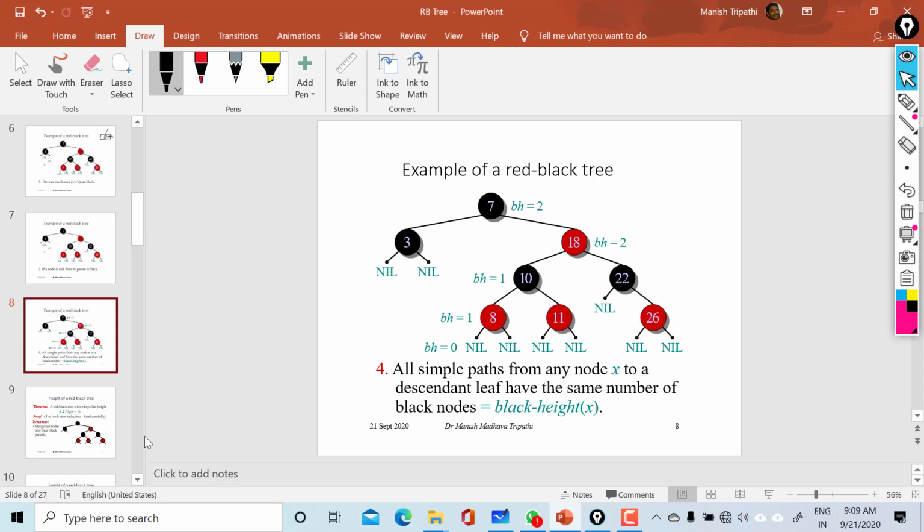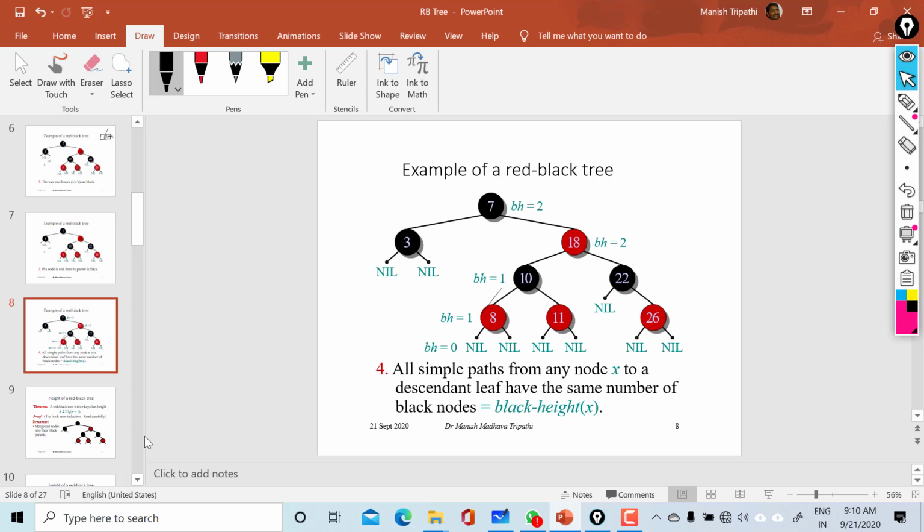The next property is that black height is always constant. If we consider the left branch, the black height, that is the number of black nodes, is 2. If we consider the next branch, there are two black nodes, 7 and 10, so the black height is 2 again.